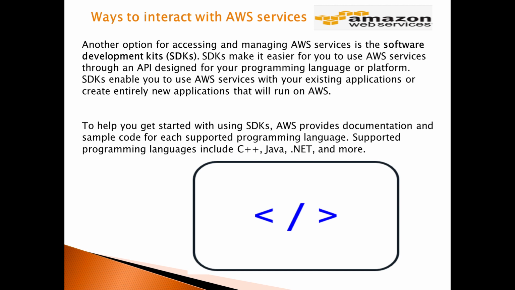It supports languages like JavaScript, Python, PHP, .NET, Ruby, and other programming languages. So basically, developers use these tools to access AWS resources by using the SDK, the software development kit.